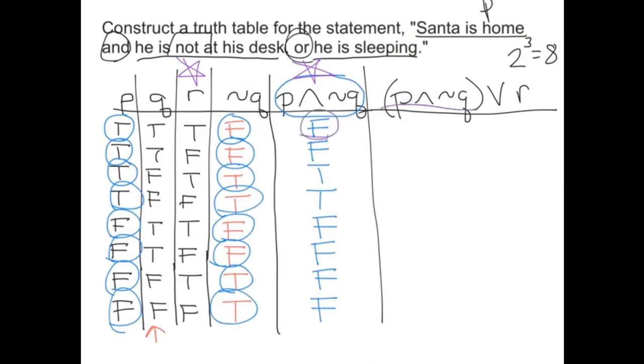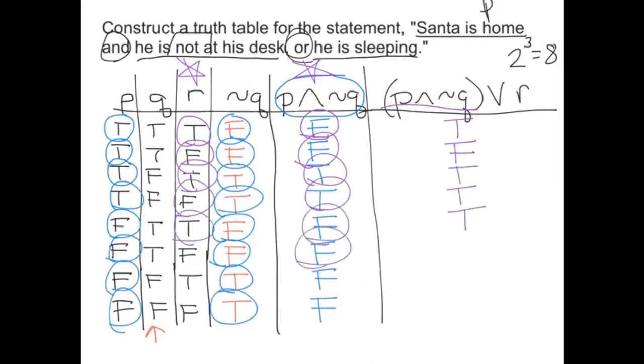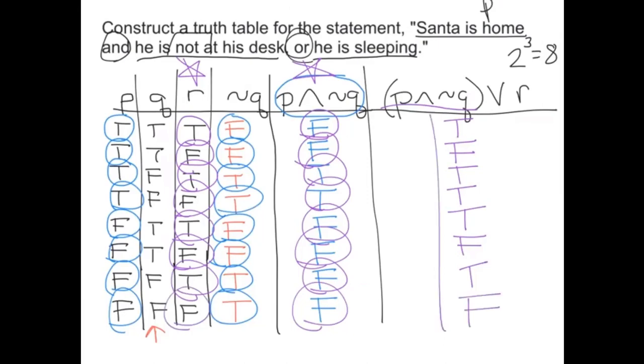So we have a false, true, false, false. That's going to make a false. True, true, true, false, false, true, false, false. That is false. False, true, and false, false. That's false. So this last column in purple is going to be considered your solution to your truth table.